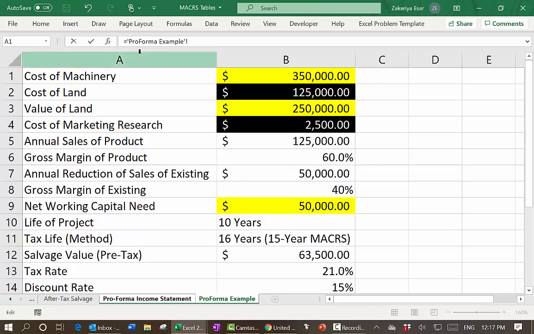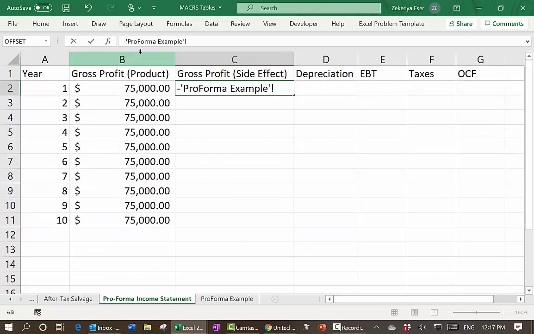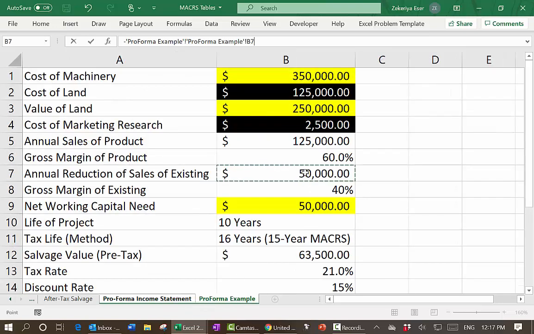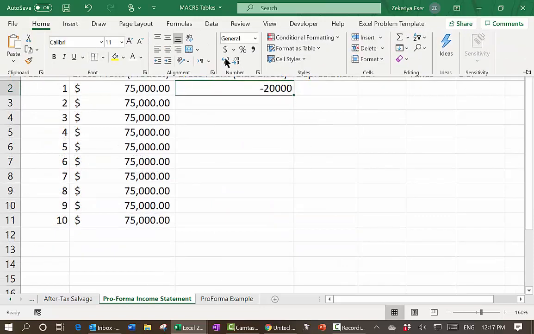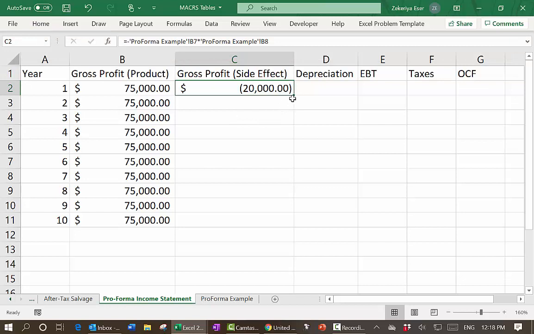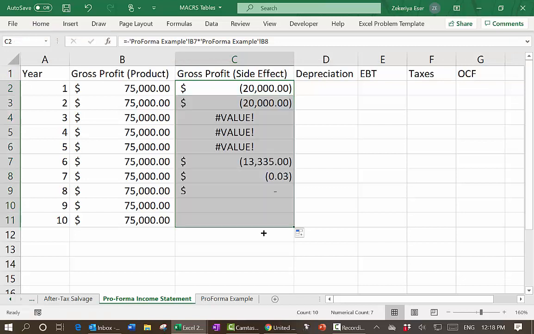So I'm going to put actually a negative sign in front. Negative 50,000 times 40%. That means each year we are losing $20,000 of those.